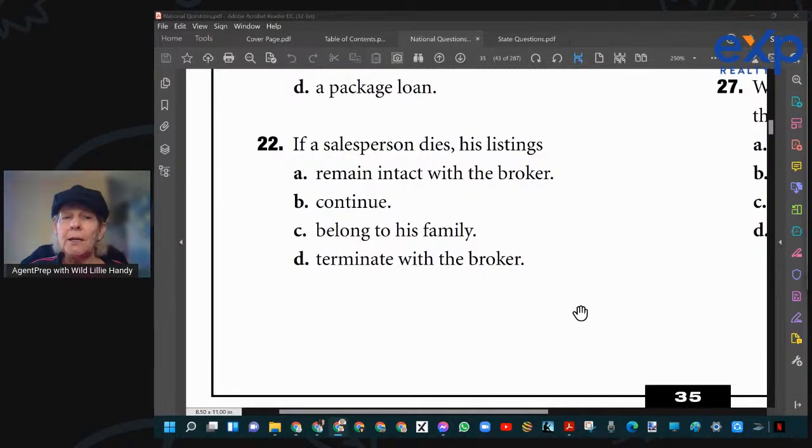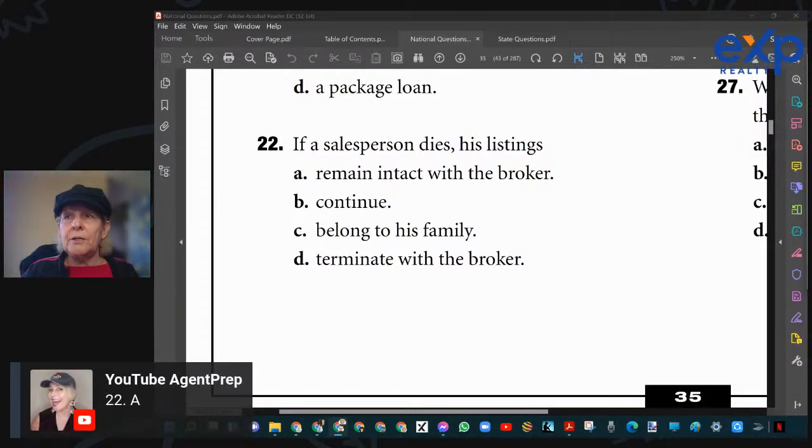Now, should a salesperson move to another company and that listing does not have a contract, the broker will typically release the listing, because who is the owner working with? With us as the realtor. They don't necessarily care about who the brokerage company is. They care about who's taking care of them through the whole process, who they're trusting, and they'll follow you. So yes, the answer is 22A, remains intact with the broker.